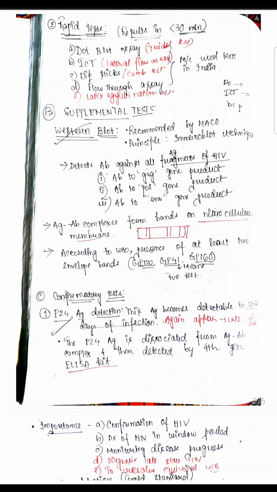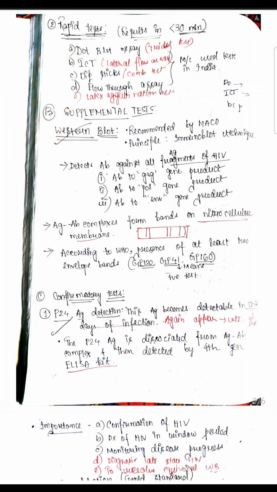Most commonly they are done for healthcare workers who have suffered a needle stick injury and need to be given prophylaxis, so they need to be identified quickly. So these rapid tests are usually done for needle stick injuries in case of healthcare workers.